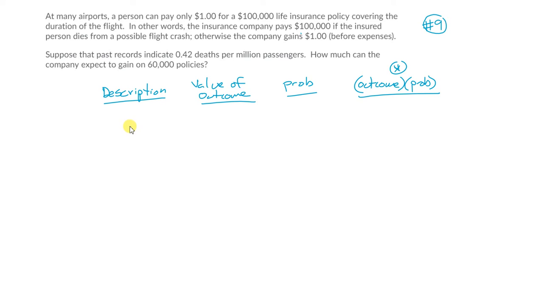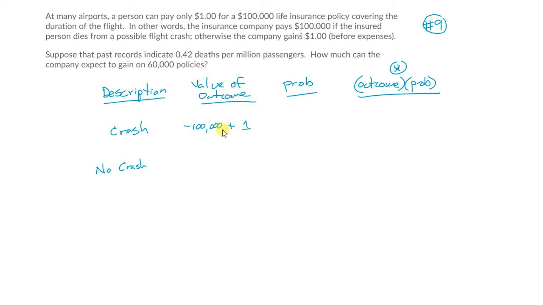So there's really 2 outcomes. Either the plane crashes, or there's no crash. And when I say crashes, we're assuming the person's going to die in the crash. So, crash with the death of the passenger. Now, if that happens, what happens? We're paying out $100,000. That means it's negative $100,000 from the perspective of the company, but we're receiving, I know it sounds silly, $1 from that passenger to buy the policy.